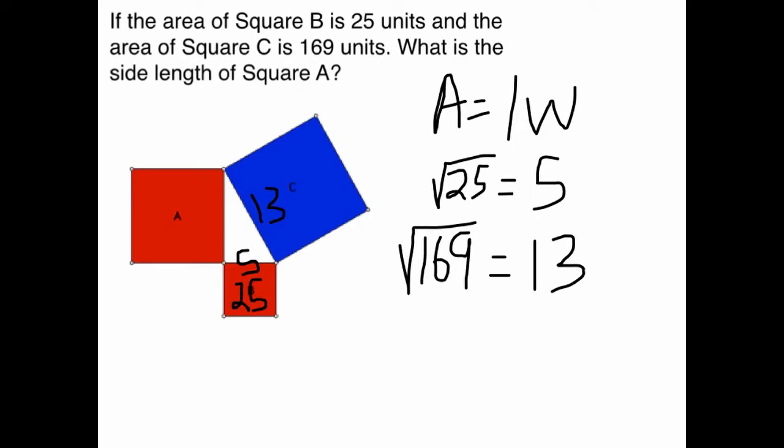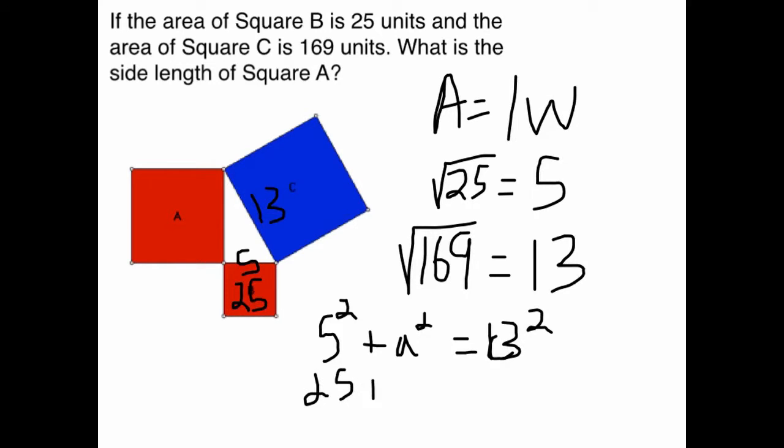Now I'm going to plug these numbers into the Pythagorean theorem. I'm interested in the side length of square A, not the area. So I can plug in what I know: 5 squared plus a squared equals 13 squared. 5 squared, we already know that's 25. We don't know what a squared is, we'll bring that down. Equals 169.